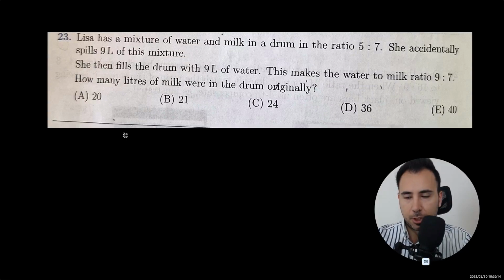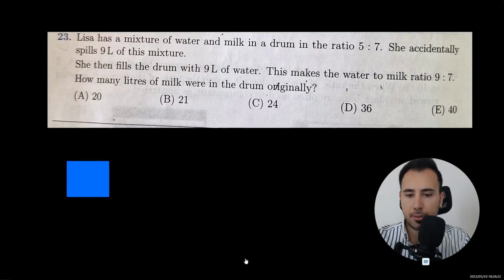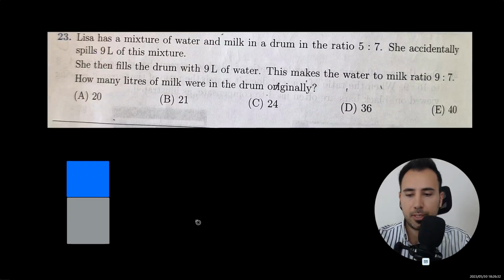Real quick, let's draw a picture, a diagram. Water to milk. So water is less, it's 5 water and 7 milk. So milk is more than water. I'm going to write this ratio. It's a good idea to write the amount of water as 5x and milk as 7x.